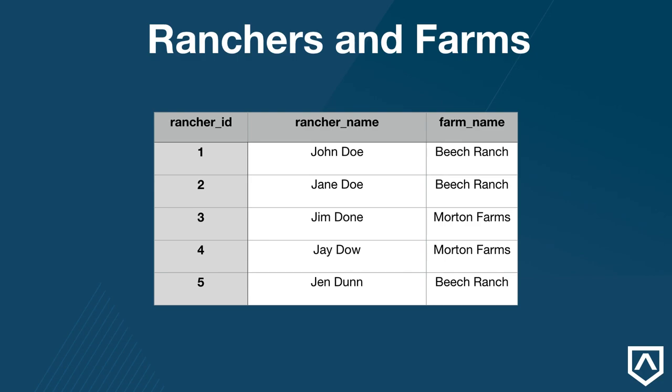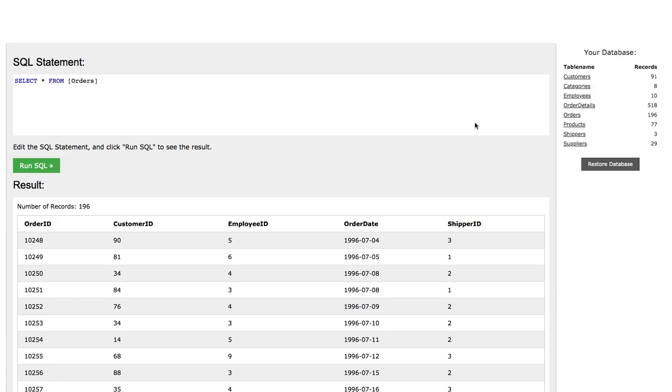Let's take a look at some examples in W3 Schools. Up here, I have pulled up the orders table. Now this is a great example of somewhere we might want to use a join statement because we have all these foreign keys. So let's say we wanted to see the order ID, the customer name, and the order date.